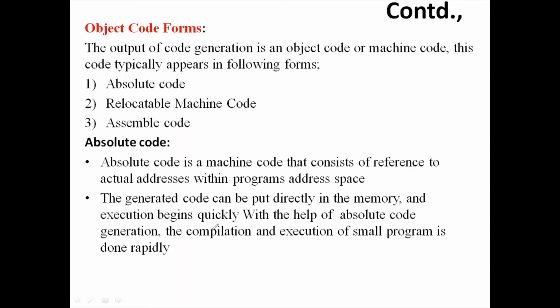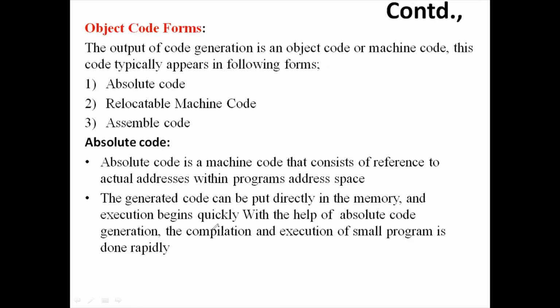Third point: with the help of absolute code generation, the compilation and execution of small programs is done rapidly. The given source program can be compiled and executed quickly because the program is divided into small programs.